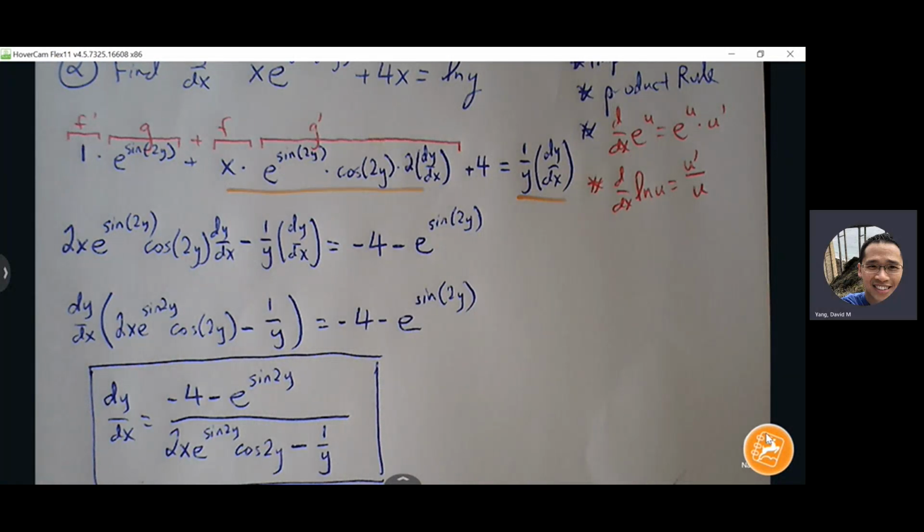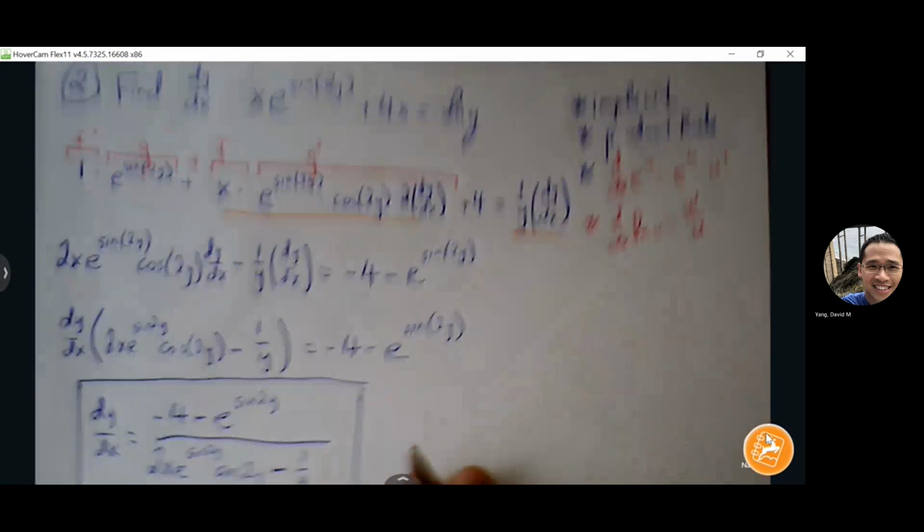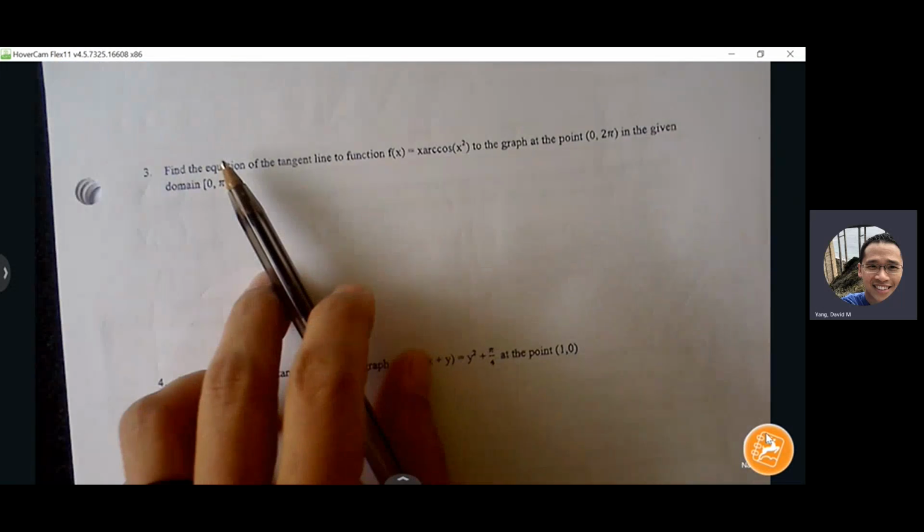All right, let's try number 3. Find the equation of the tangent line at the ordered pair. Okay, so number 3.